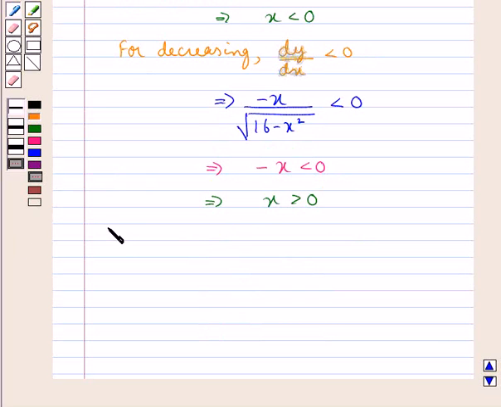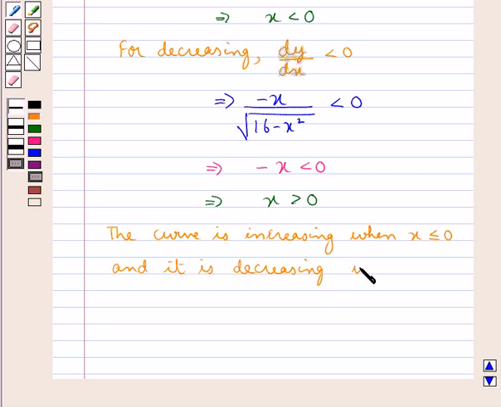So we can say the curve is increasing when x is less than or equal to 0 and it is decreasing when x is greater than or equal to 0.